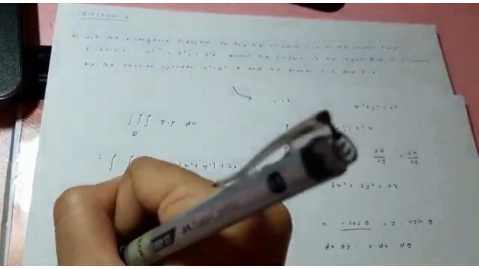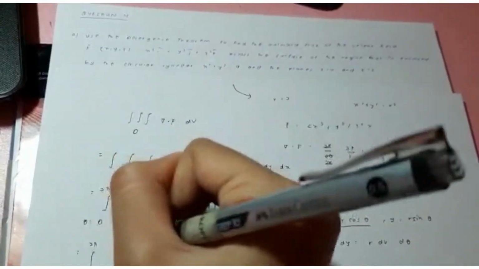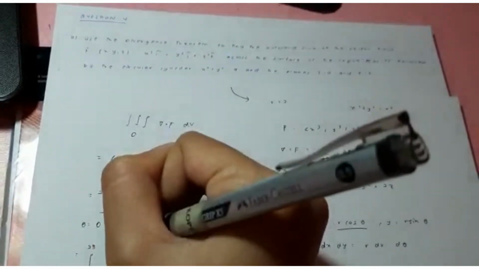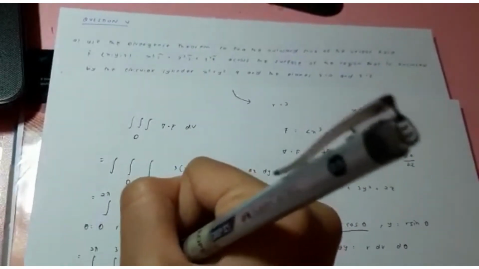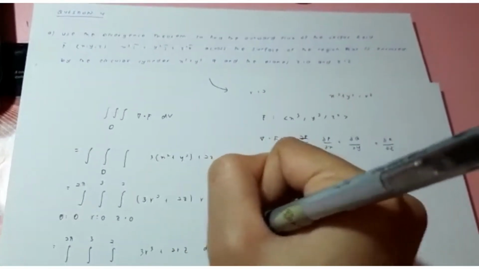Now simplify the equation. r equals to 0 to 3, z equals to 0 to 2. We will get 3r cubed plus 2rz dz dr d theta.